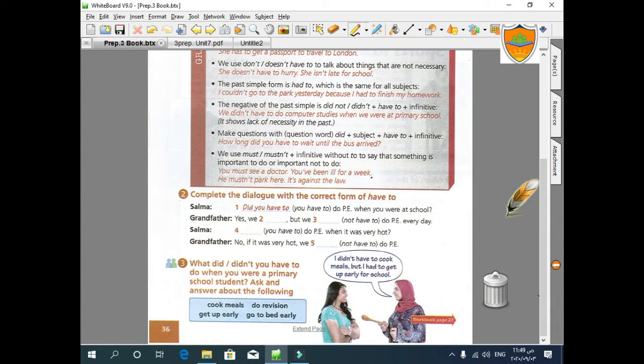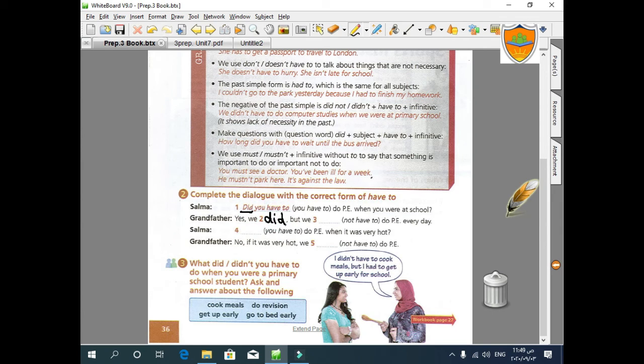Let's go to this small dialogue between Selma and her grandfather. Selma asks her grandfather, did you have to do PE when you were at school? Her grandfather said, yes, we did.